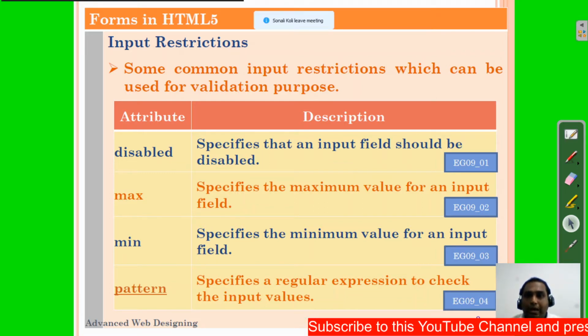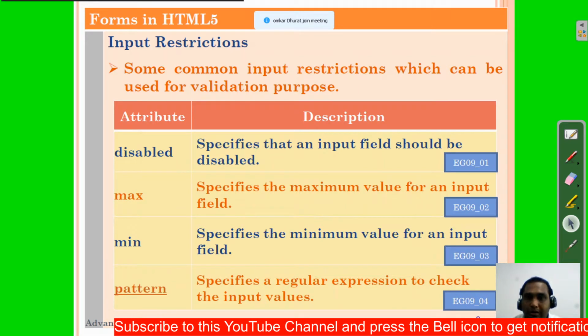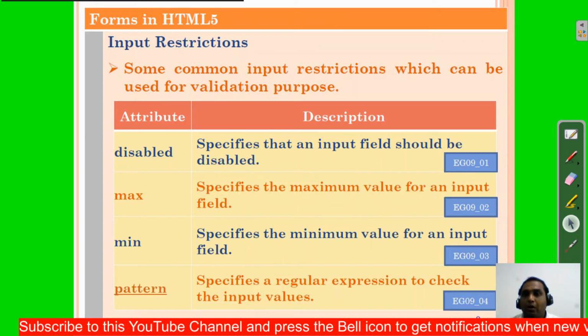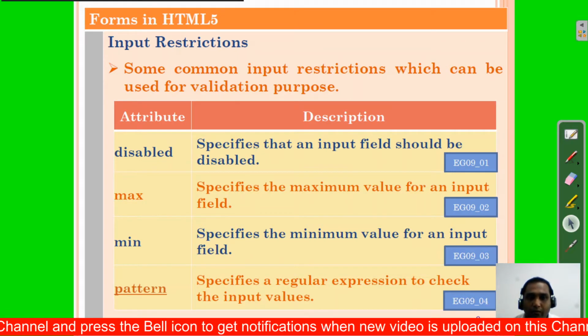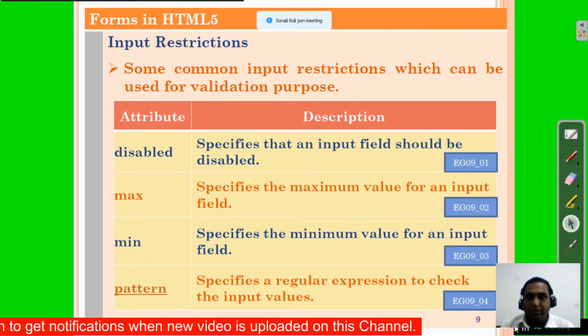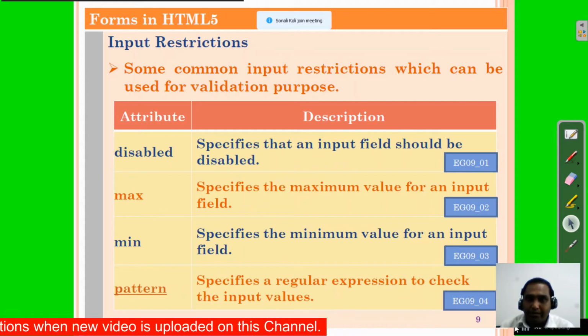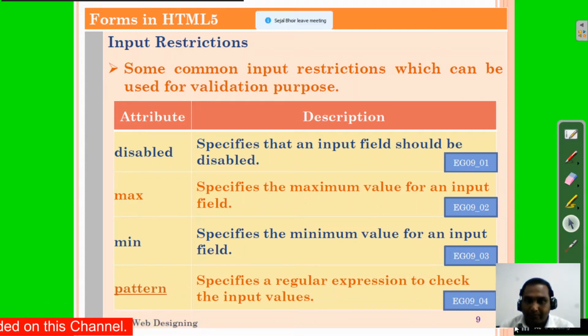Hence, HTML5 has introduced input restriction attributes. We will look at these attributes one by one along with examples. These are some common input restrictions which can be used for validation purposes. Now we are going to understand them one by one.